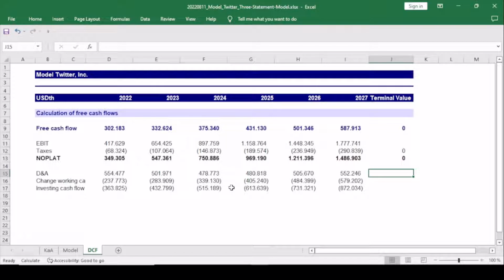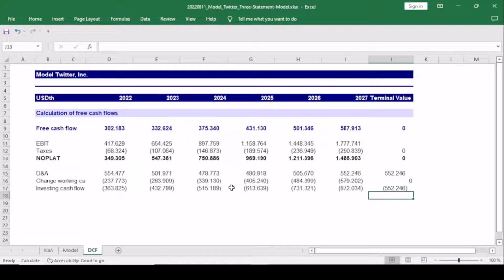Depreciation is constant in the planning period. Change in working capital is not existent, and investing cash flow equals the change equals depreciation and amortization.